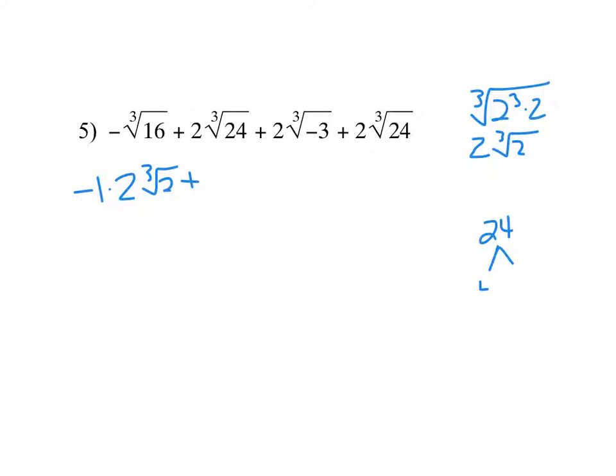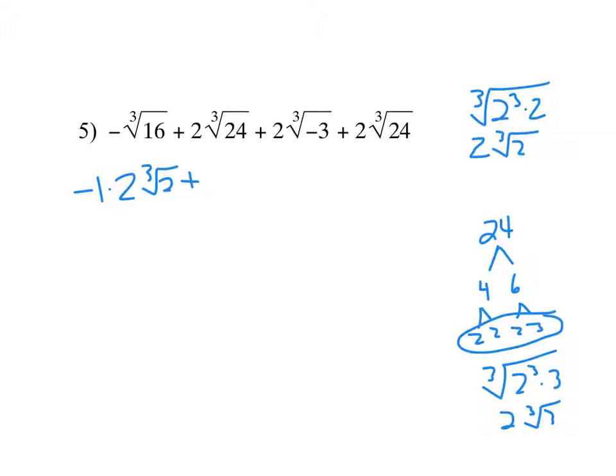24 breaks down into 4 and 6, 2 and 2, 2 and 3. So I see the cube root of 2 cubed times 3. Well, the 2 is going to come out. The 3 is going to stay in. So this is going to be plus 2, the outside 2, times 2 times the cube root of 3.